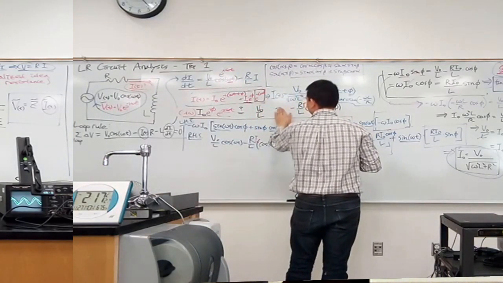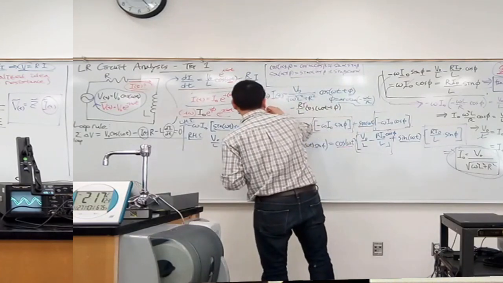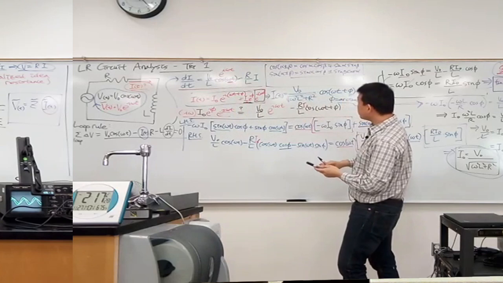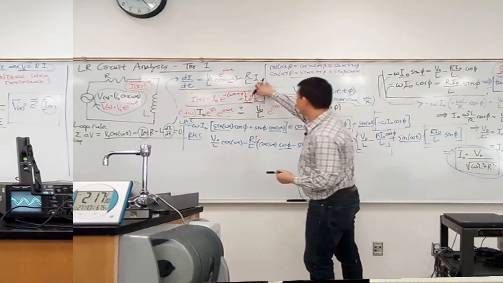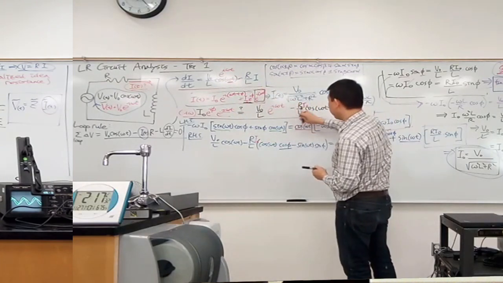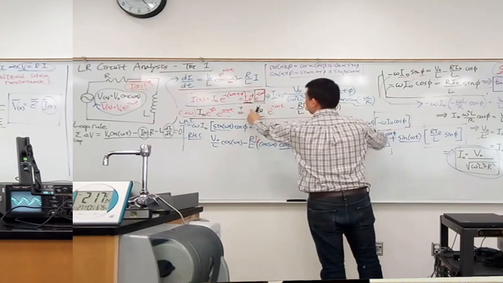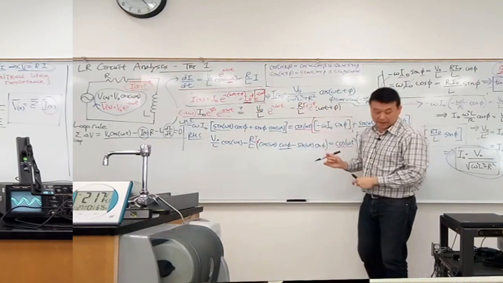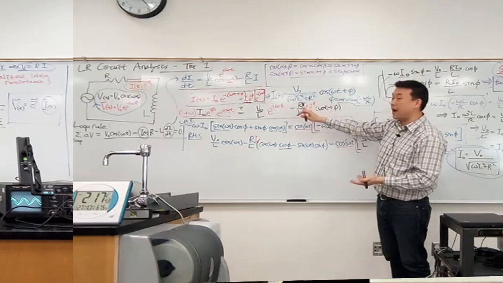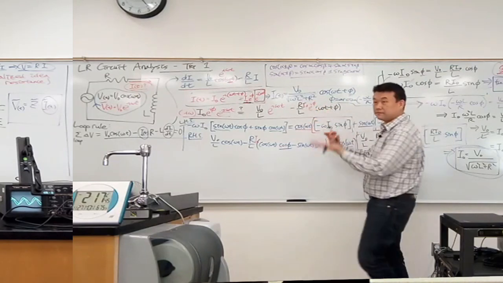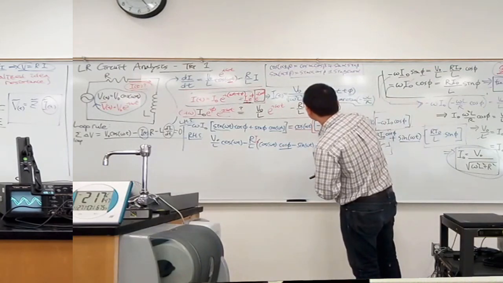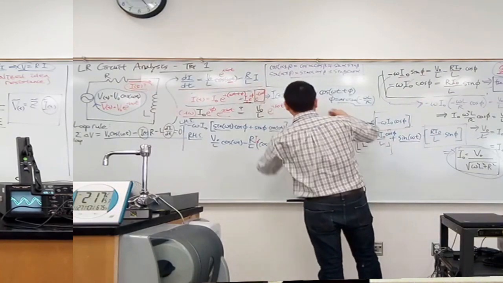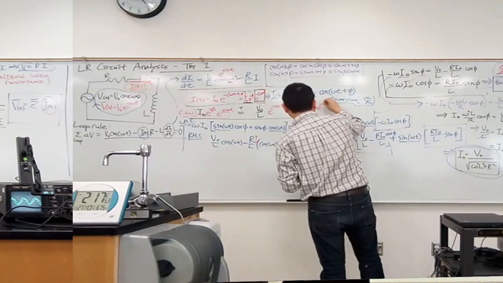Cosine of omega t becomes e to the I omega t. And this term here becomes minus r over L times I naught e to the I phi. This is phase factor. And this is the place where you see why we call it phase factor, not phase addition. And then the I is a function of time again. So e to the I omega t.